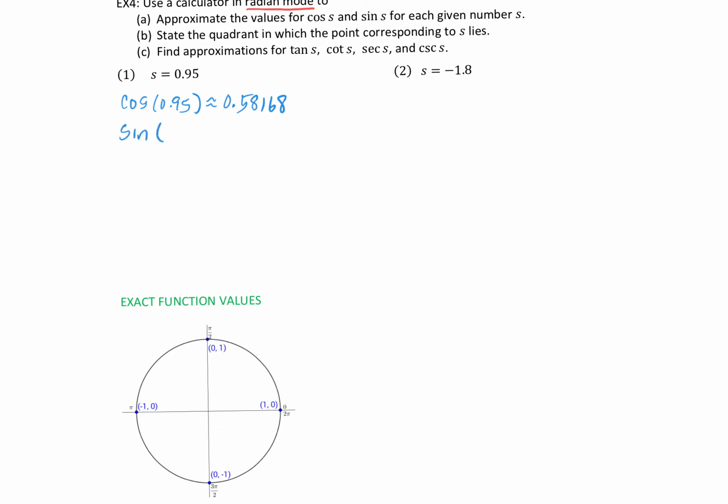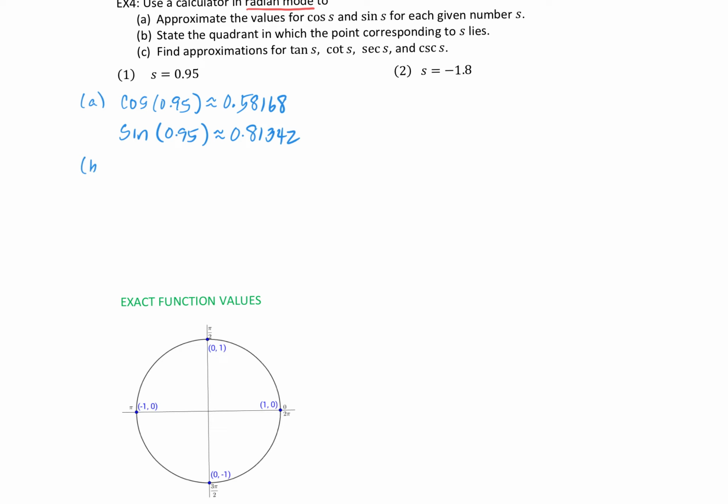If I put in sine of 0.95 into my calculator, I get 0.81342. So that would be part A. I found an approximation for cosine and sine.